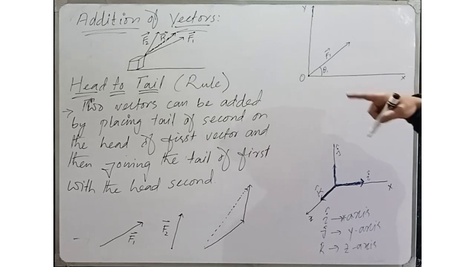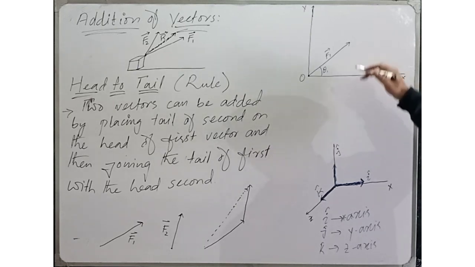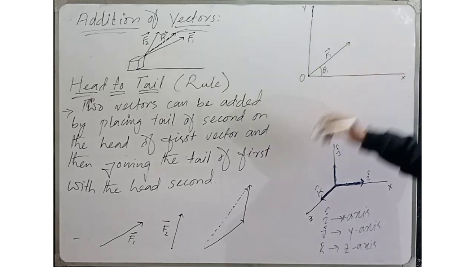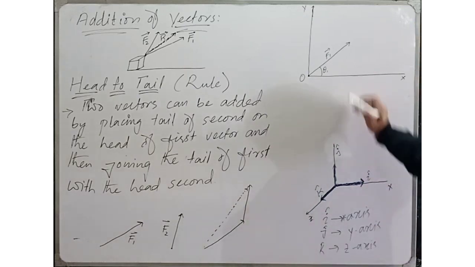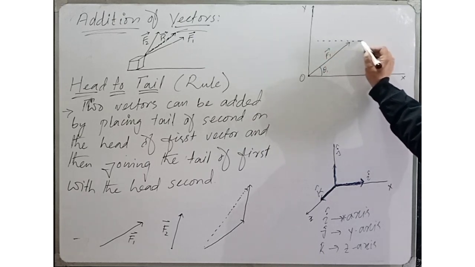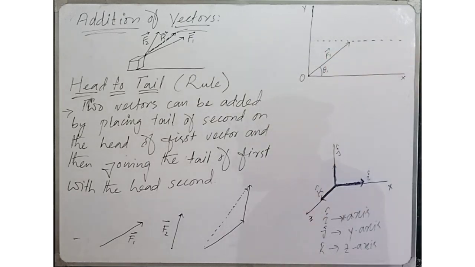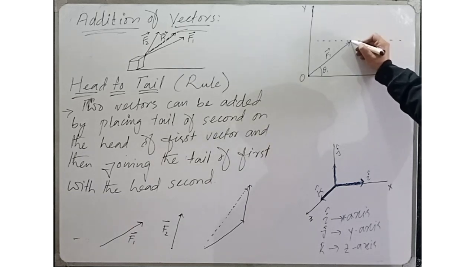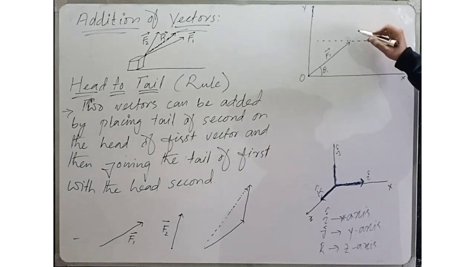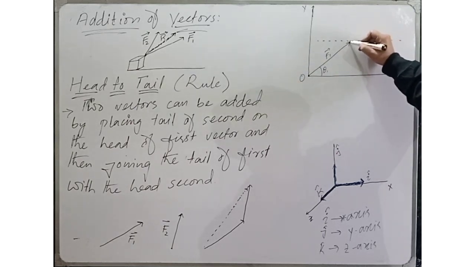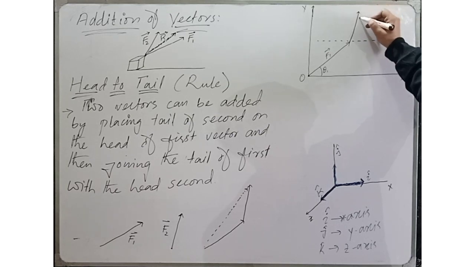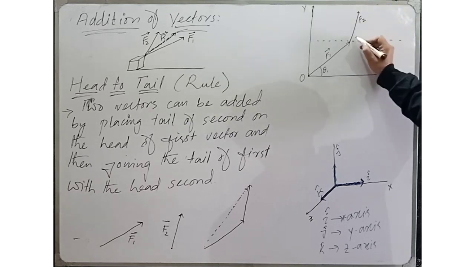That's why we need a Cartesian coordinate system, to express direction in terms of theta. Now, according to the head to tail rule, we have to place the second vector so that its tail coincides with the head of the first vector. For that, over here we draw a virtual x-axis, parallel to the original x-axis. From here you can join the second vector, F2, making an angle of theta 2 with the virtual x-axis.